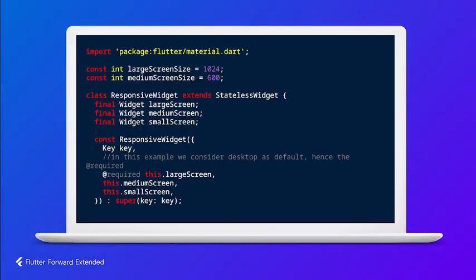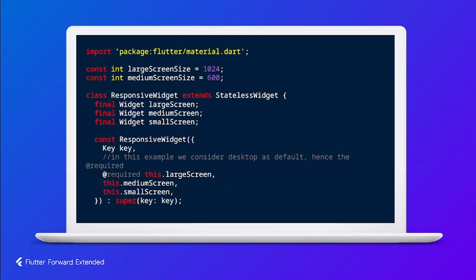And a sample code base is there, whereby you see I've given a constant value for the large screen size, that is 1024, and I've given a medium screen size of 600. So a responsive widget, for example, is a stateless widget.